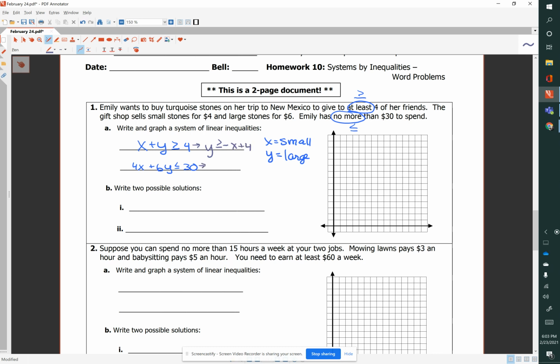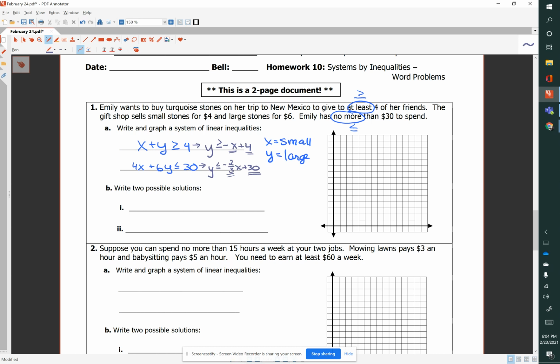And in the case of the second inequality, y is less than or equal to negative 2/3 x plus 30. So we would graph these with the y-intercept of 30 and of 4 for this one, and a slope of -1 in the first case and -2/3 in this second case.